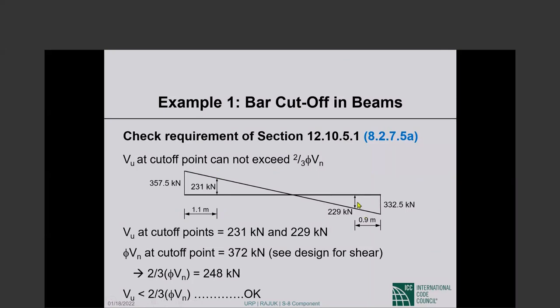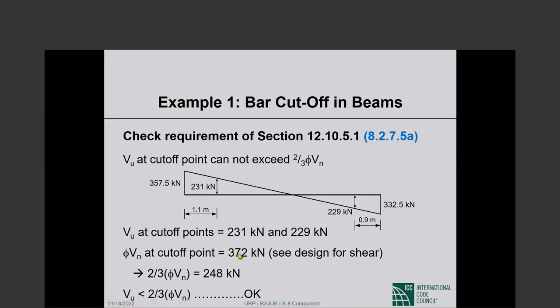This side, it is 229 kilonewtons. Phi times V sub N at cutoff point is 372 kilonewtons. You can go back to our design for shear and you will see that that number is there.